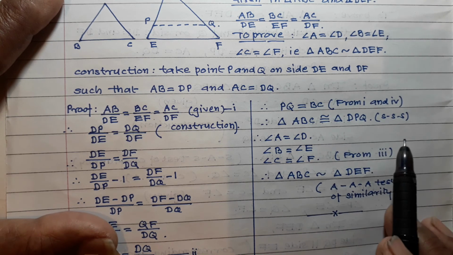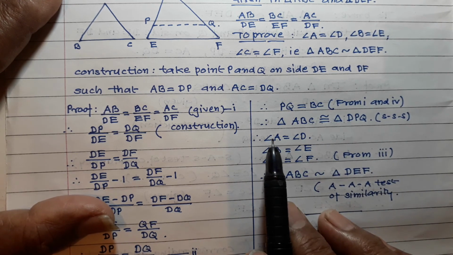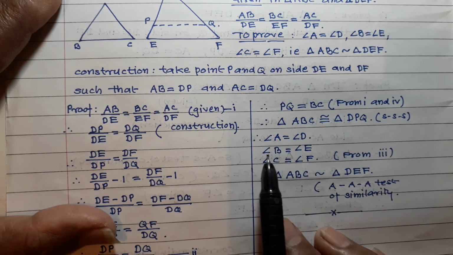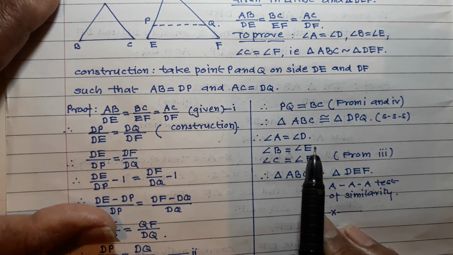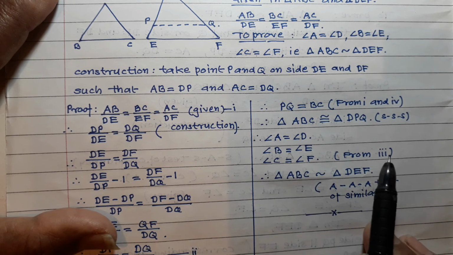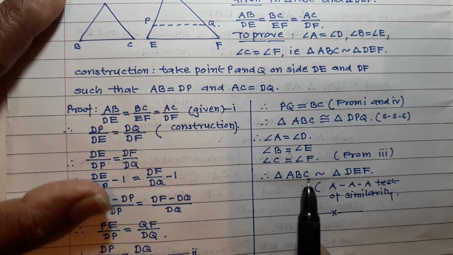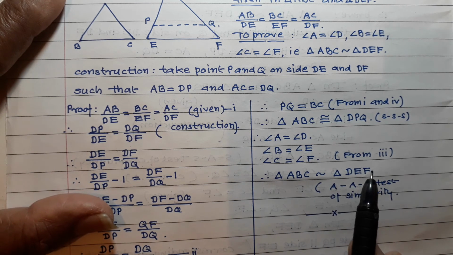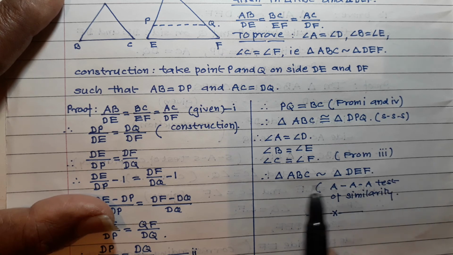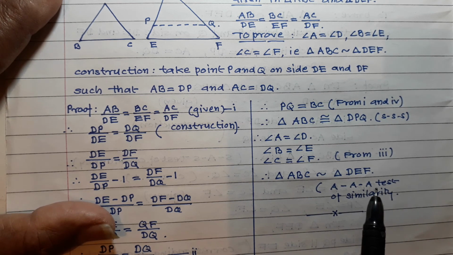Therefore triangle ABC is congruent to triangle DPQ by the SSS test of congruency, and therefore angle A is equal to angle D, angle B is equal to angle E, and angle C is equal to angle F from 3, and therefore triangle ABC is similar to triangle DEF, and this is a test of similarity.